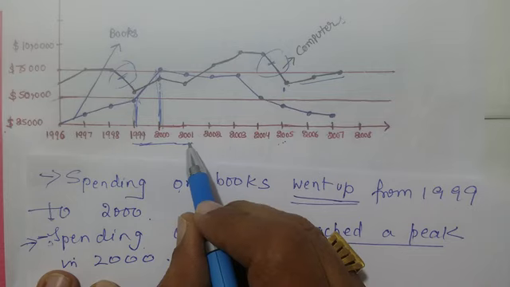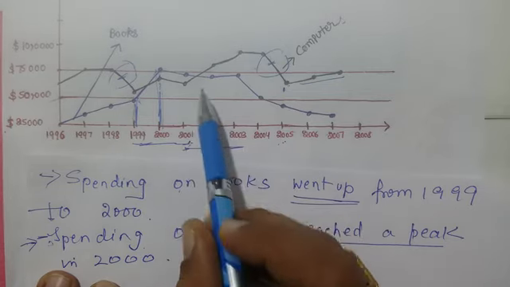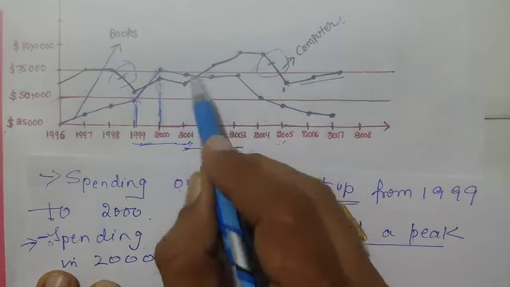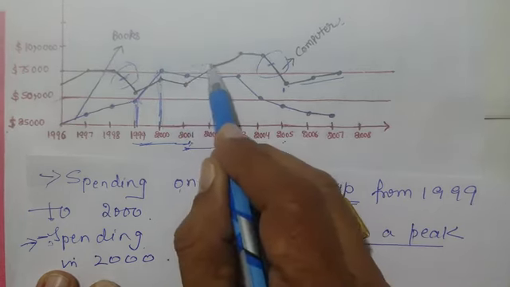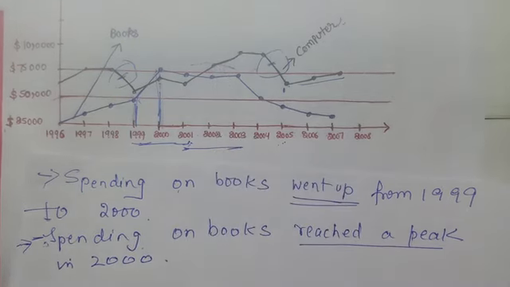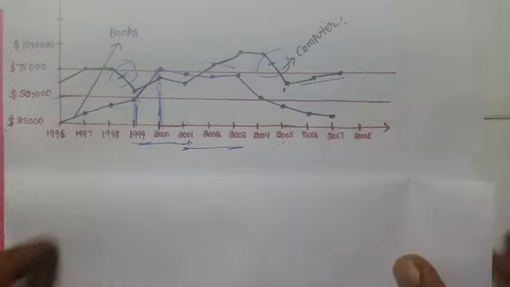So here from 2001 to 2003, just go to books, this to this. So I am going to explain this. How to write this line? Let's work on this one.